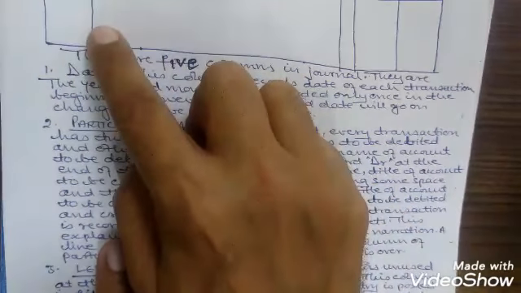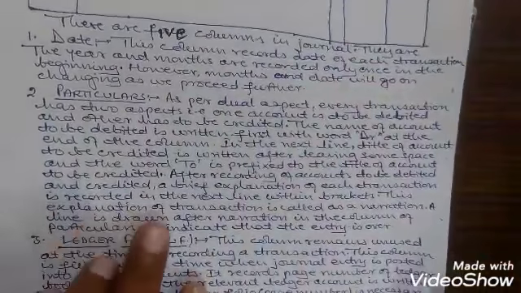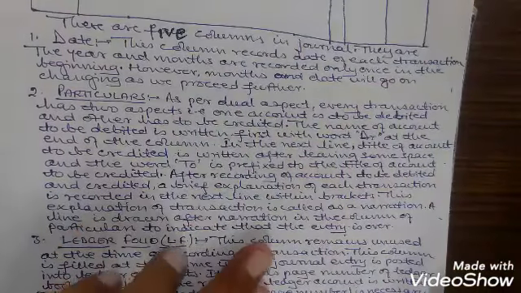You will begin the narration either by the word being or for. This explanation of transaction is called a narration.